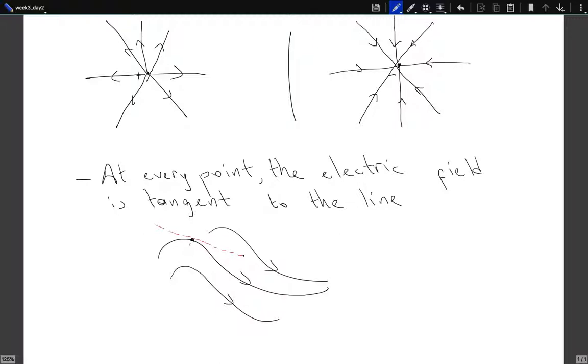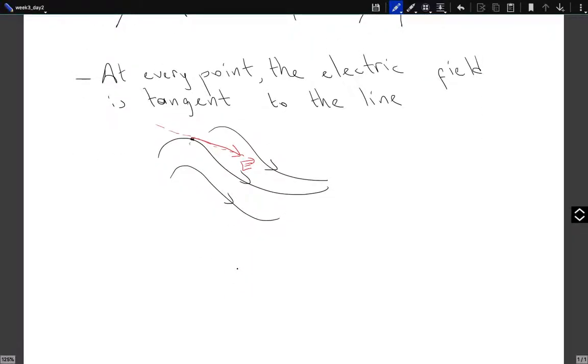Since the electric field line is, in a sense, flowing in this sense, the direction of the electric field line is determined by the direction of this flow. So from the electric field lines, you can determine the direction of the electric fields.